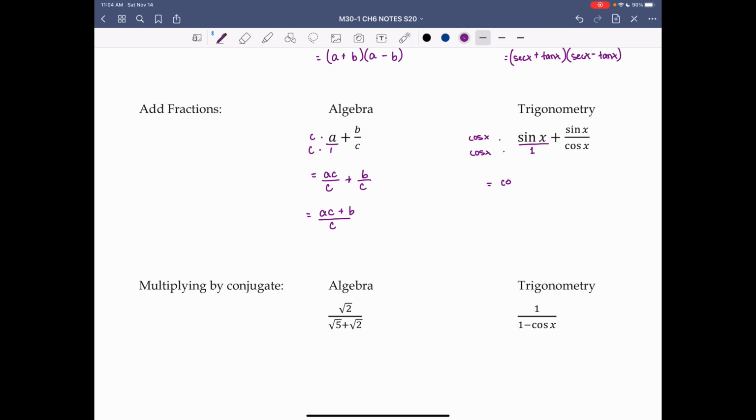Then we get cos x sine x over cos x plus sine x over cos x. Now that we have the same denominator, we can add our numerators, which gives us cos x sine x plus sine x over cos x.